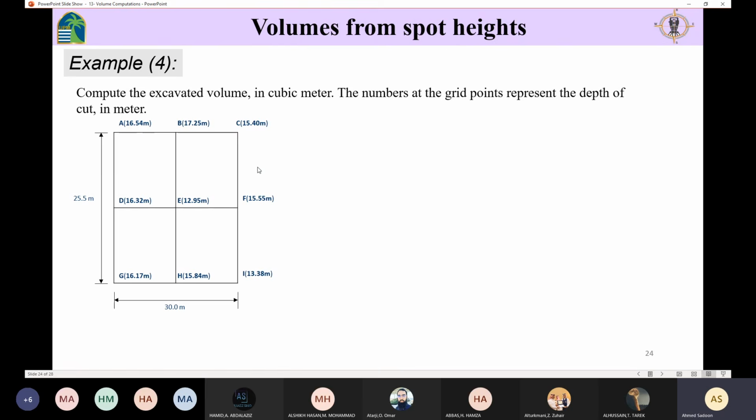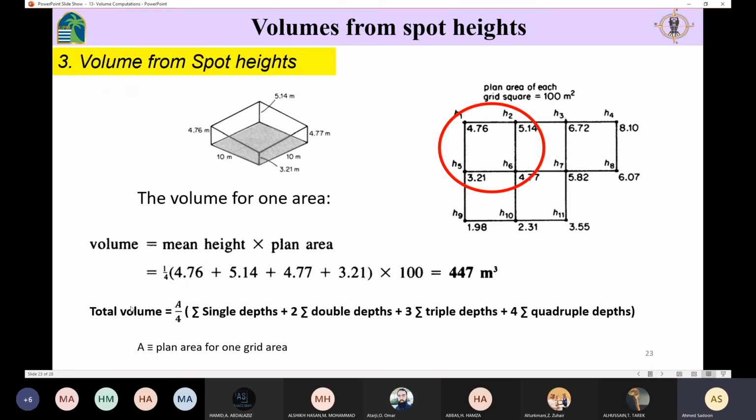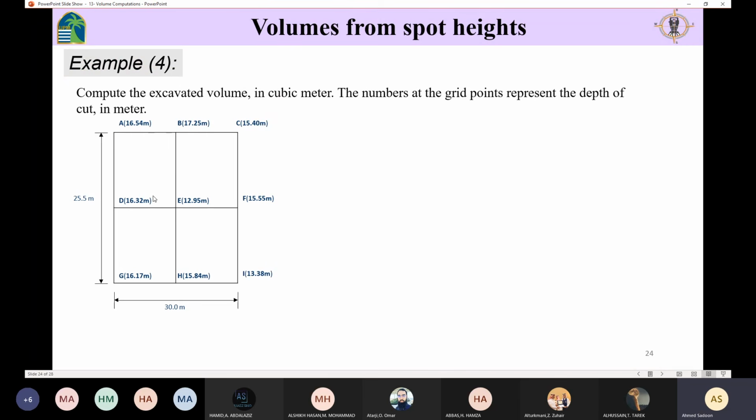So we need to use this formula in order to determine the total volume. The simple method is to determine the volume for this spot, that spot, and that spot, and sum them together.